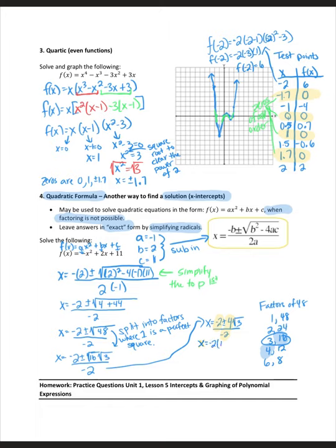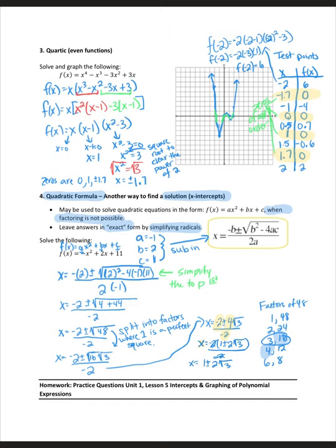Then you're left with 1 plus or minus 2 radical 3, because negative 2 divided by negative 2 simplifies to 1, and 4 divided by negative 2 simplifies to negative 2. The negative 2s cancel out, and we're left with 1 plus or minus 2 radical 3.